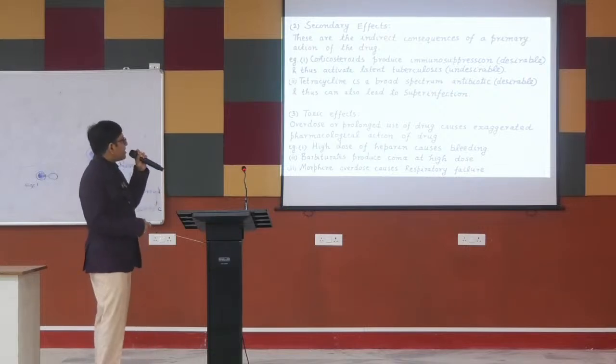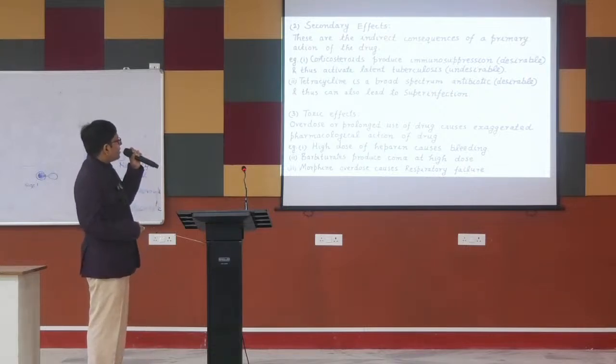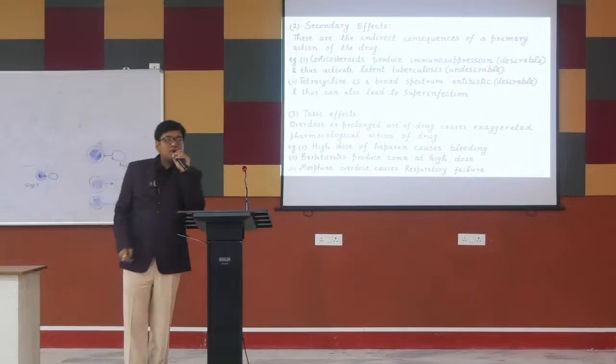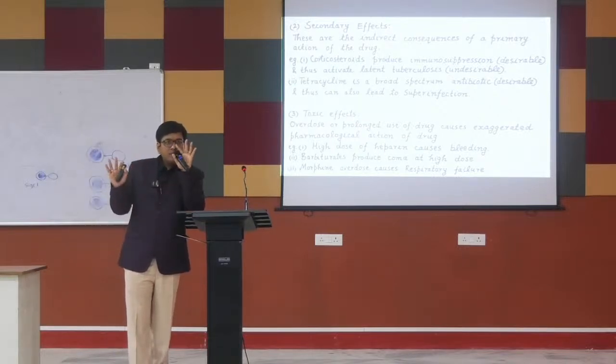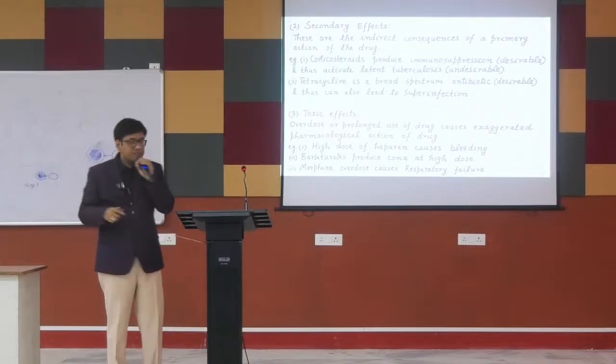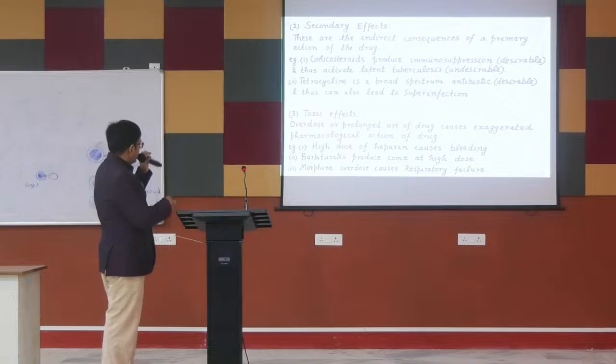As a result, that patient had latent tuberculosis. Tuberculosis or TB was there in the body of the patient in a sleeping state. But because immunity has been reduced, the tuberculosis became active. So directly steroid has not caused tuberculosis. It was already there, but because steroid has reduced the immunity level, now tuberculosis has become active. This is called secondary effect.